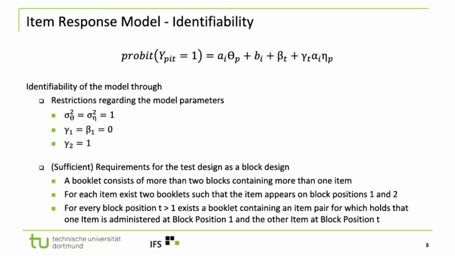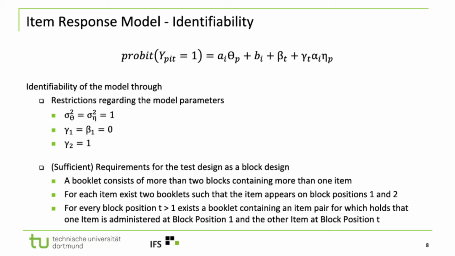For the shift parameter beta, the first block position serves as a reference position, and the beta parameters of the other positions are to be considered in comparison to this reference position. For the person factor eta, this means that the test persistence on the first block position has no influence on the test performance. The third and last restriction of the parameterization concerns the block position 2.